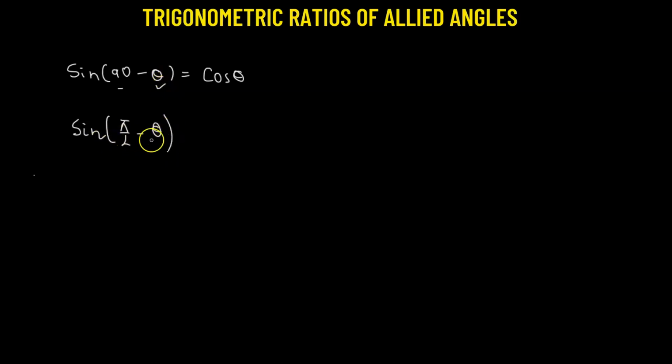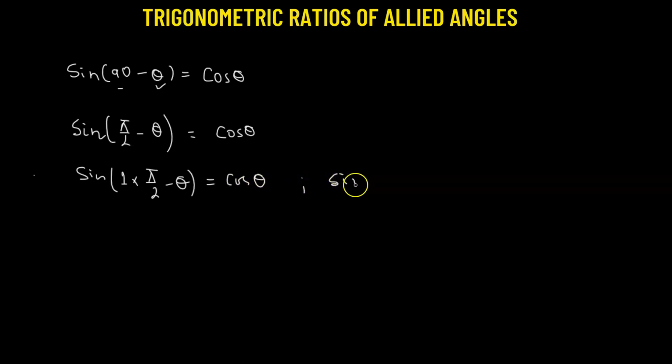So sine pi over 2 minus theta is cosine theta. That means we're going to express this pi over 2 as 1 times pi over 2 minus theta equals cosine theta. Then we obtained that sine pi over 2 plus theta was positive cosine theta.